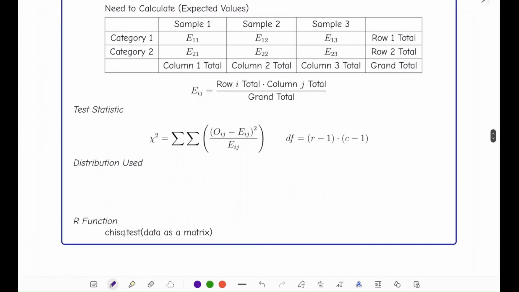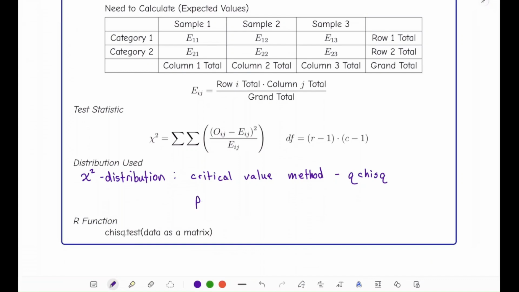Now, the distribution used is the chi-square distribution. So again, for the critical value method, we will use Q chi-square.